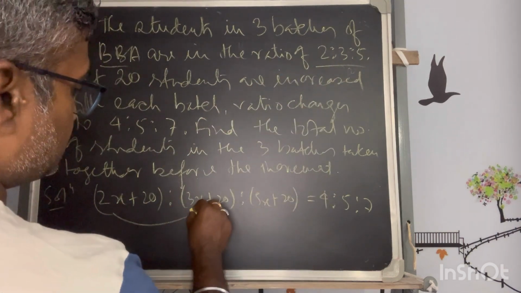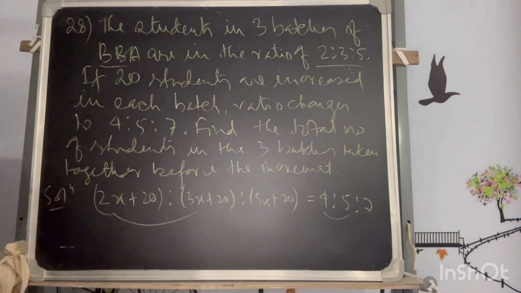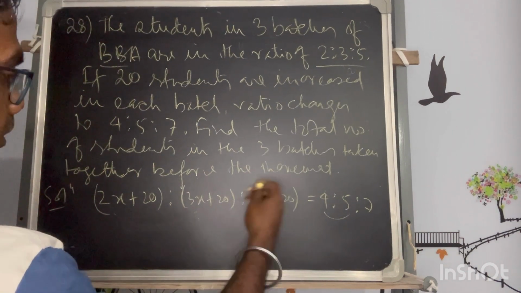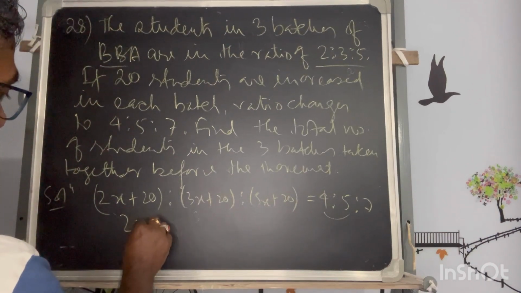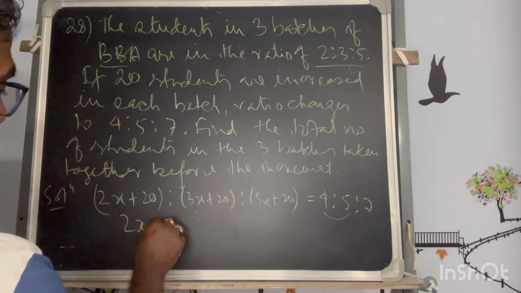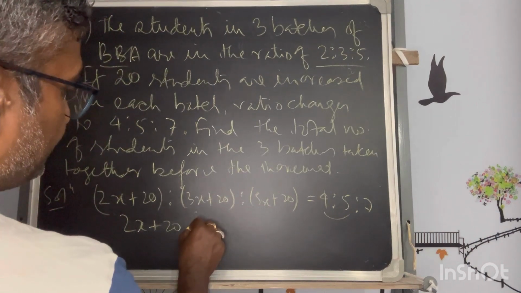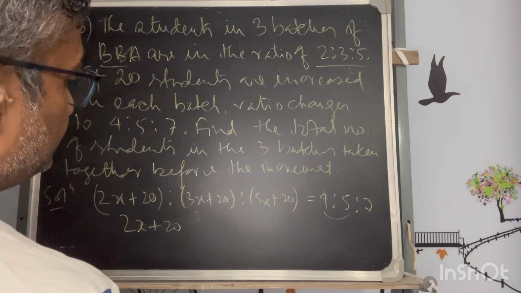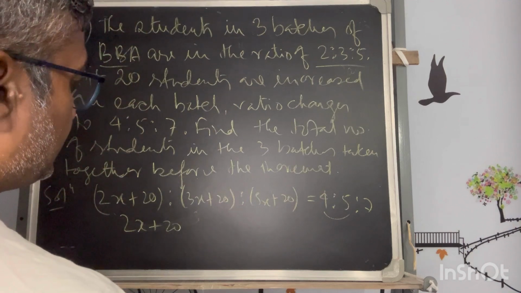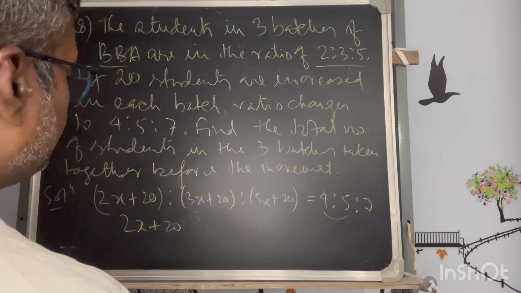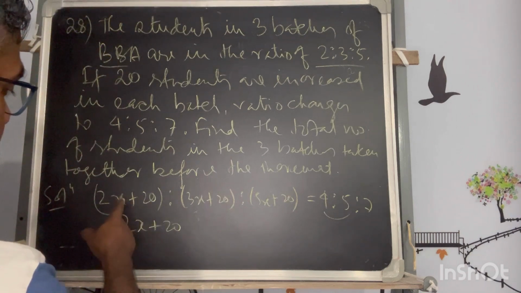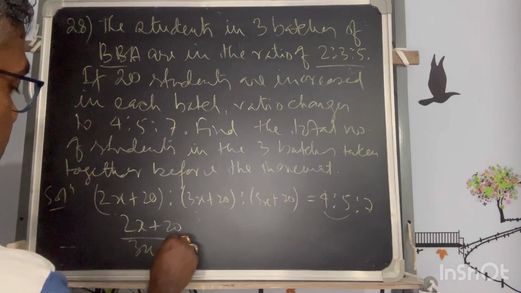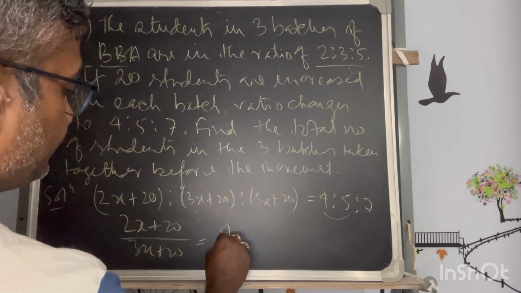You can take two of these ratios and equalize them. 3x plus 20 is equal to 4:5.